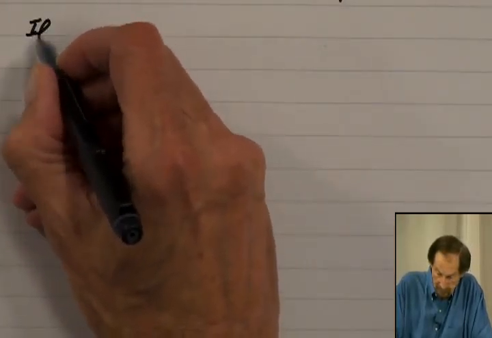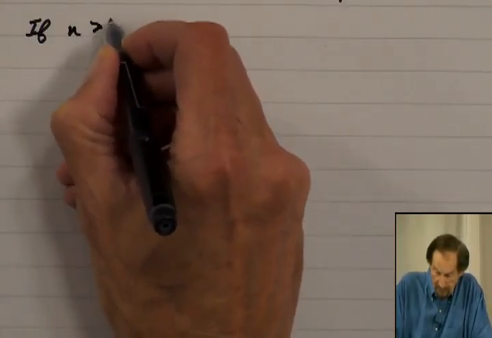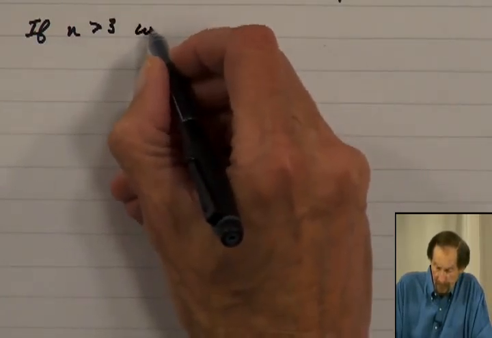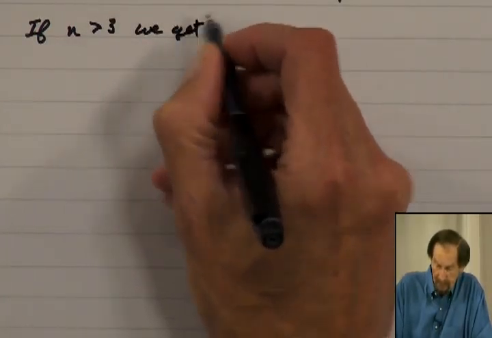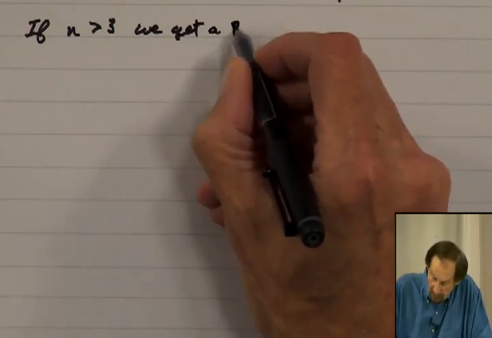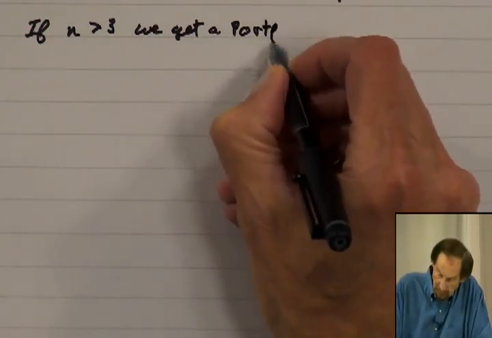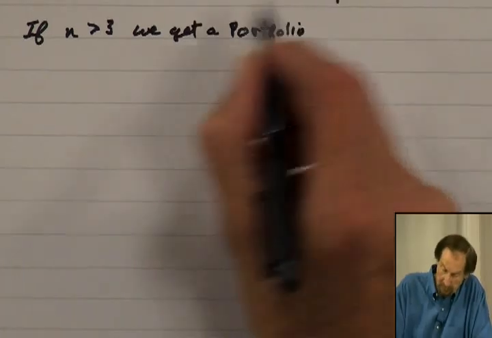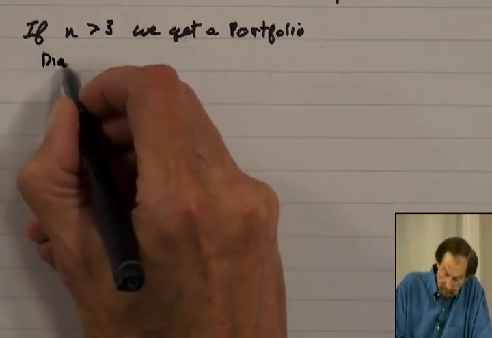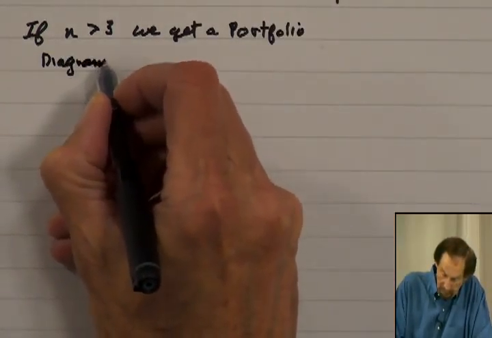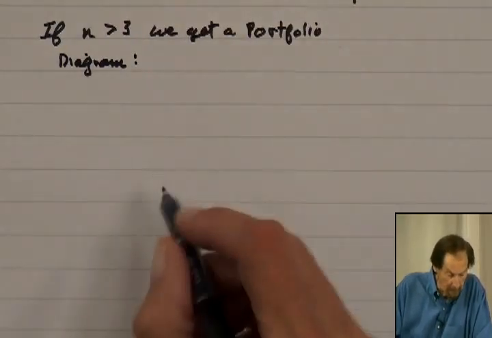Now, suppose we have more than 3 assets. If n is greater than 3, we get a portfolio diagram like the following.